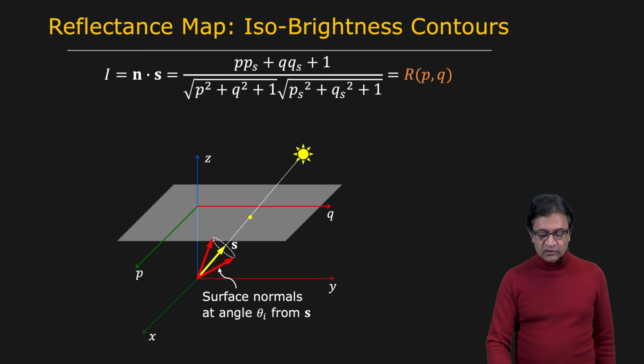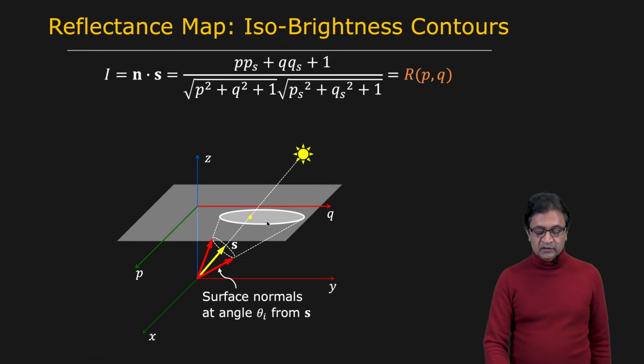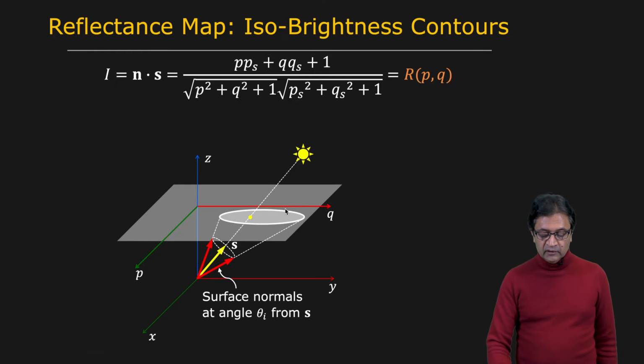So what you do now is you take this cone and you simply extend this cone out so that it intersects the z equal to 1 plane. That's this. And this ellipse that you see right here corresponds to an isobrightness contour in your reflectance map.